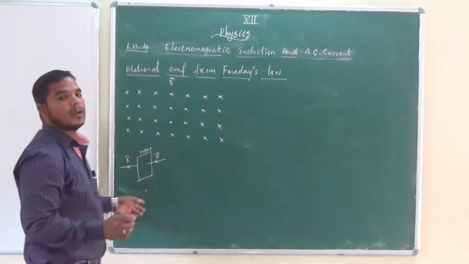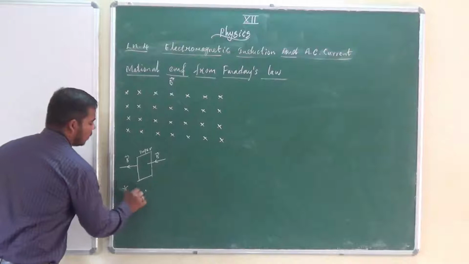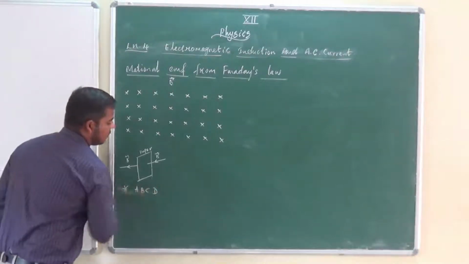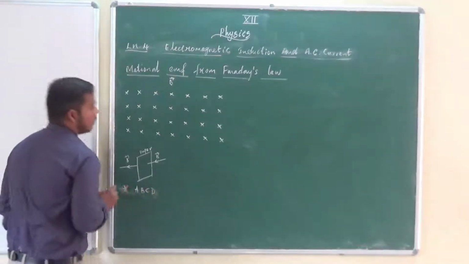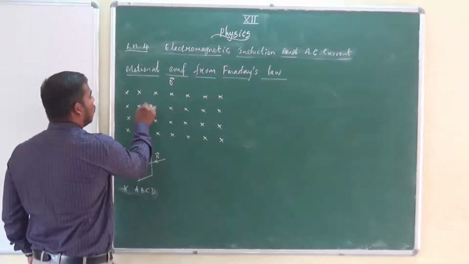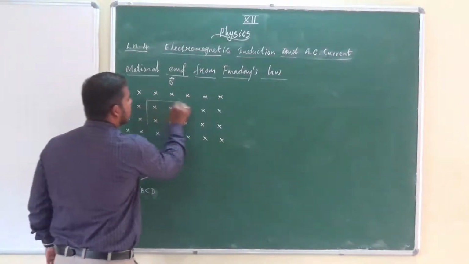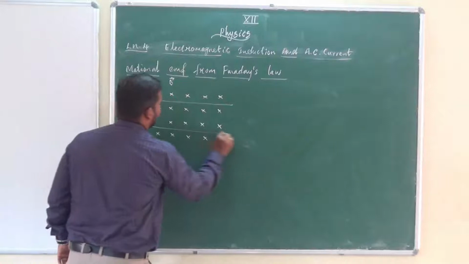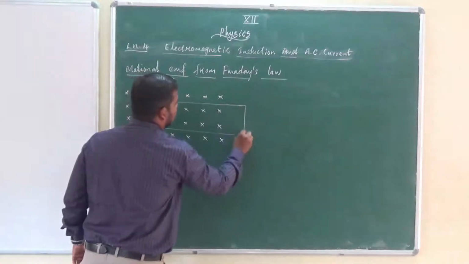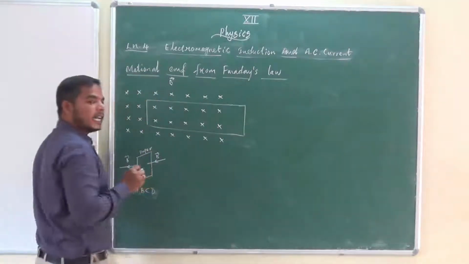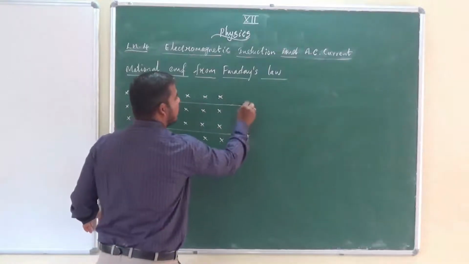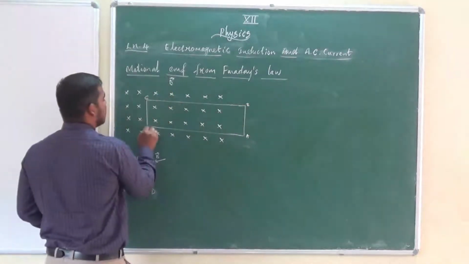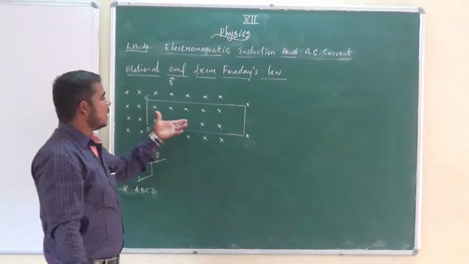Next, I will take one rectangular loop. The rectangular loop is ABCD, with sides AB and CD. See the diagram.